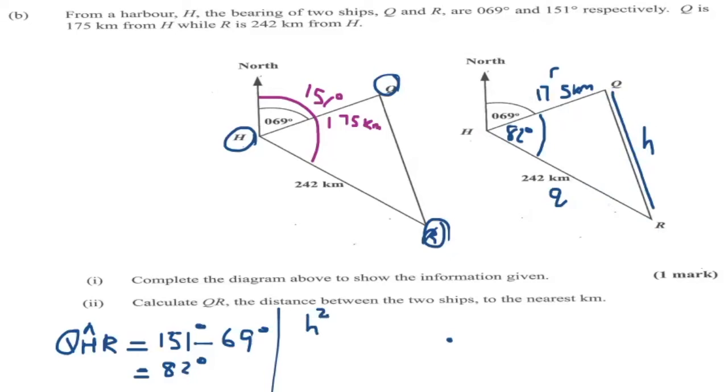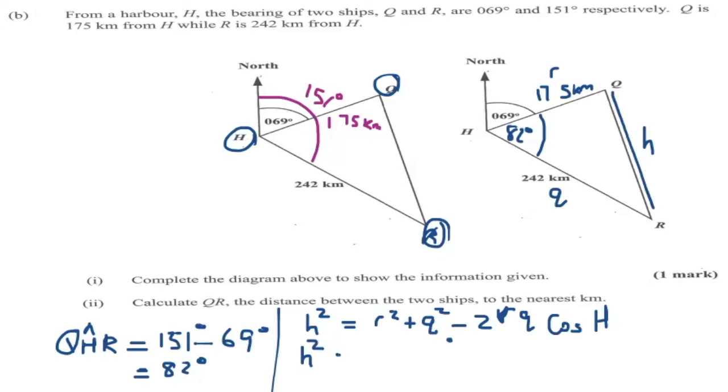So h squared is equal to the remaining sides, r squared plus q squared minus 2rq cos the angle, which is cos H. Substituting the information that I have, remember h squared is what I'm finding.